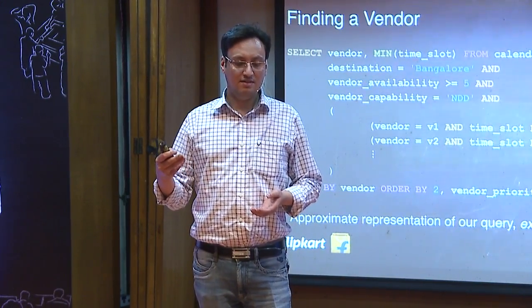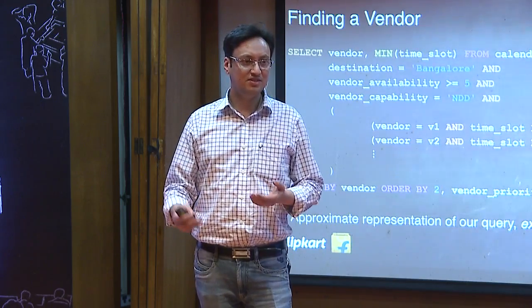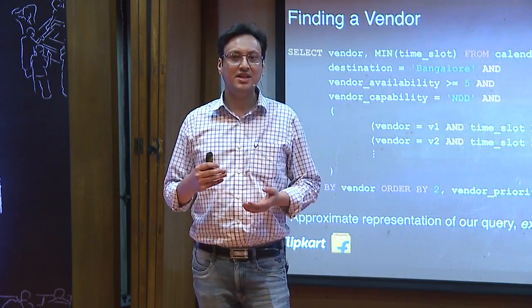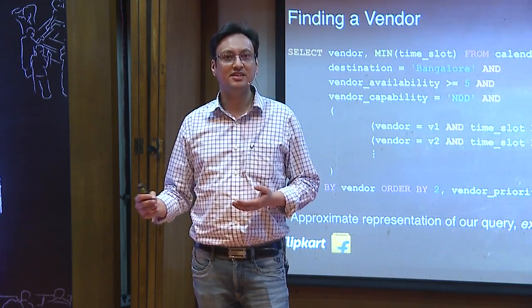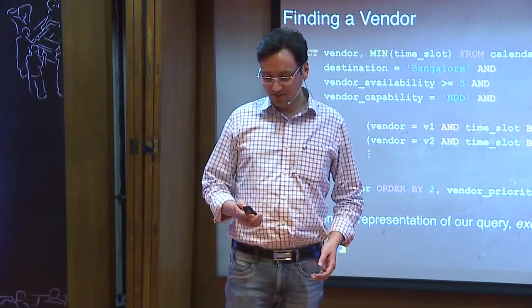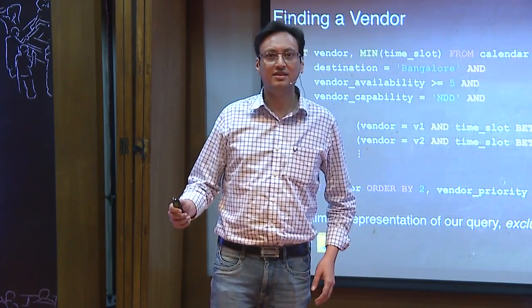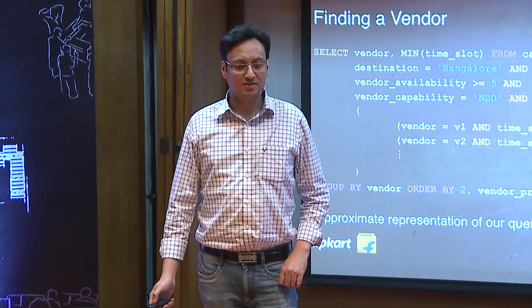And then for each vendor, we can't just do a sort by time, because the date at which the shipment will reach the destination differs for each vendor based on their own internal logistics. So it's a fairly complex thing, and it still doesn't cover the per query vendor prioritization part of it.